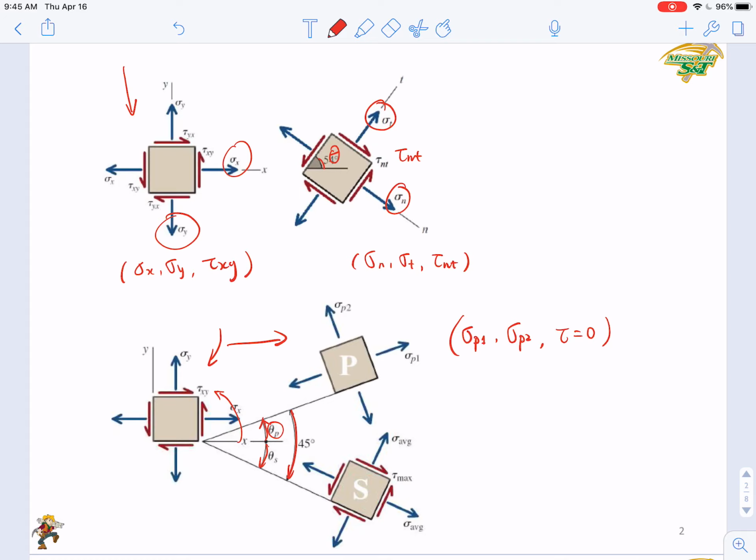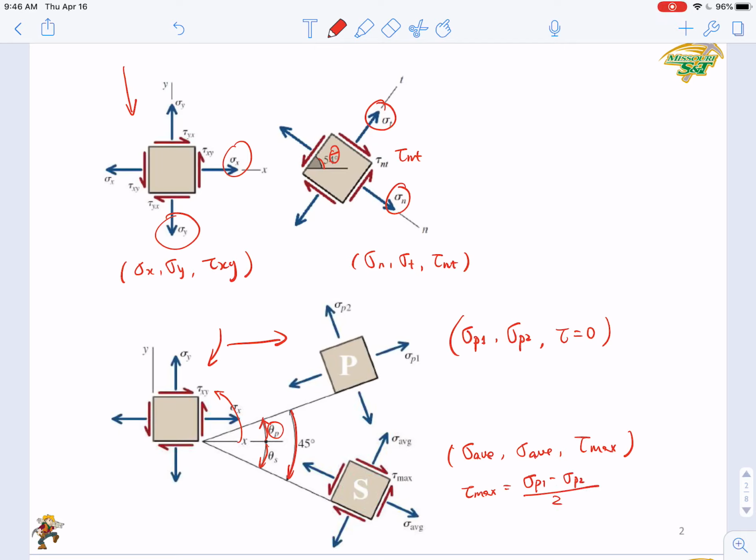So here, at the status of maximum shear stress, you will have the same normal stress components on the two directions. Right. So you have sigma average, tau max. Okay, so here the tau max equals the difference between two principal stresses over 2.